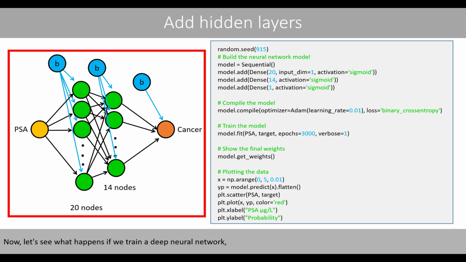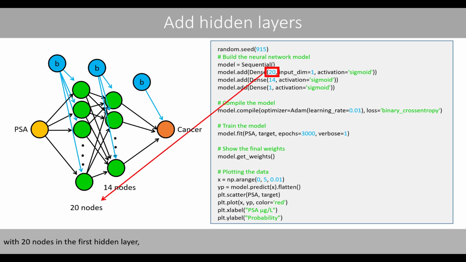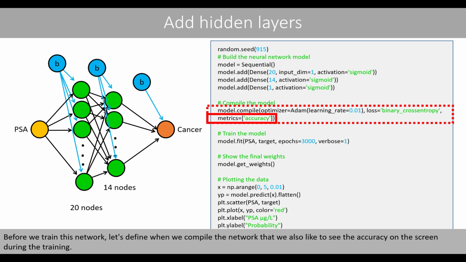Now, let's see what happens if we train a deep neural network with 20 nodes in the first hidden layer and 14 nodes in the second hidden layer. Before we train this network, let's define when we compile the network that we also like to see the accuracy on the screen during the training.